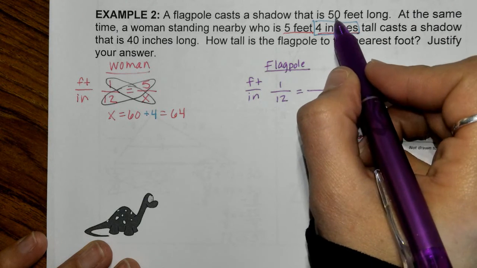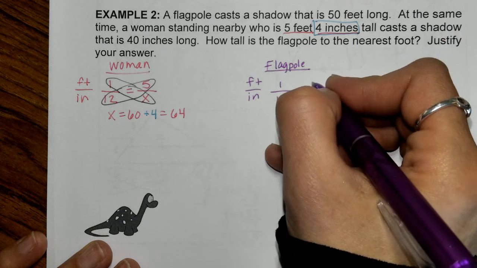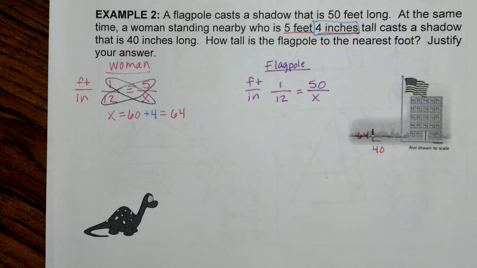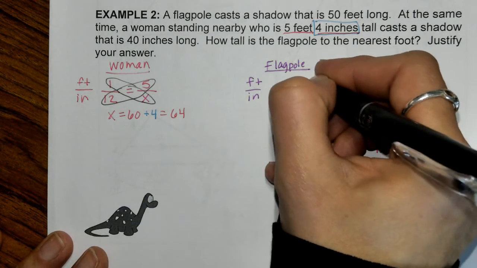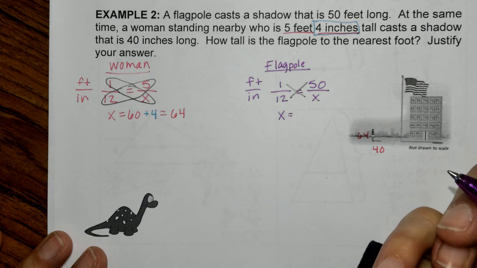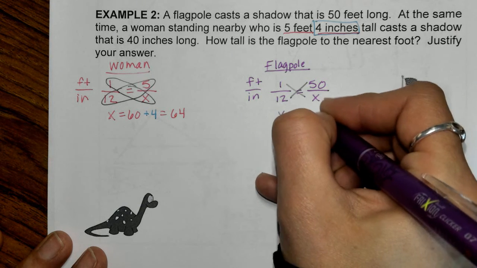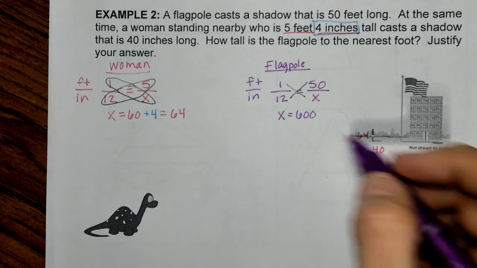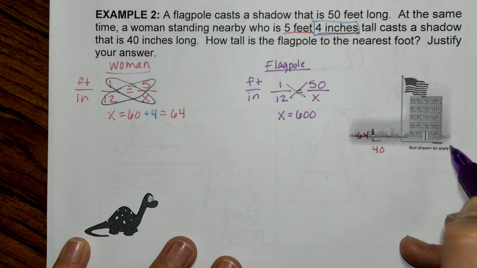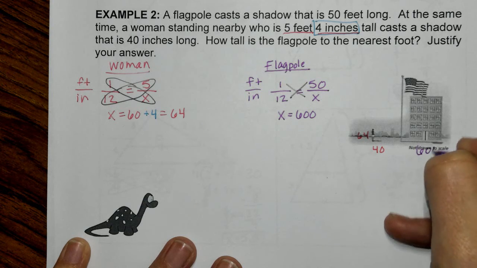We were told the shadow was 50 feet, so we're going to put that here. And then how many inches? Again, I'm just going to do an x cross product here. 1 times x, you're just going to get x. And then 50 times 12 is going to give you 600. So that 600 is the shadow of the flagpole. Here's the shadow, so that 600 is going to go right here.